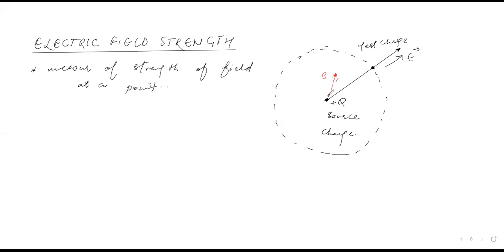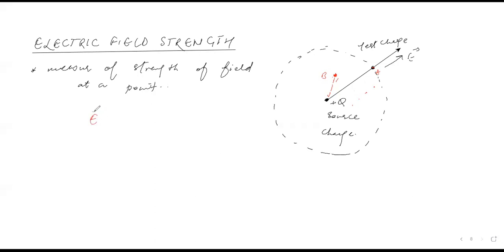Then we can say the magnitude of force acting upon the charge placed at point B due to the source charge will always be greater as compared to position A. Hence, for different radii or different separations from the source charge, the strength of the field will always be different. So the main question is, how can we measure it?